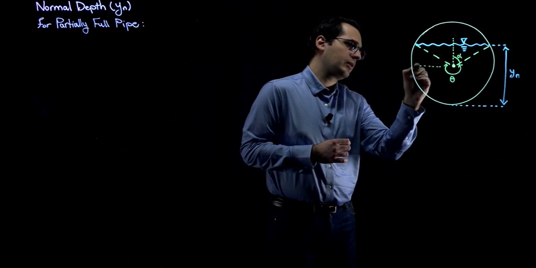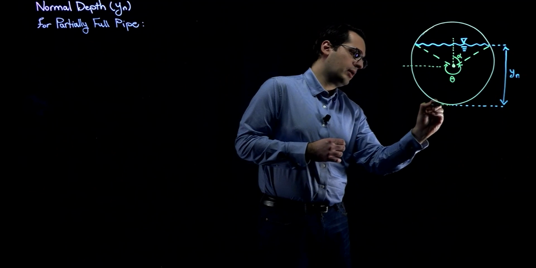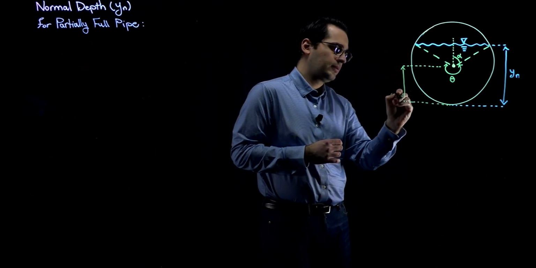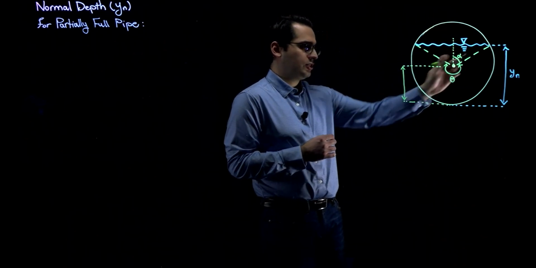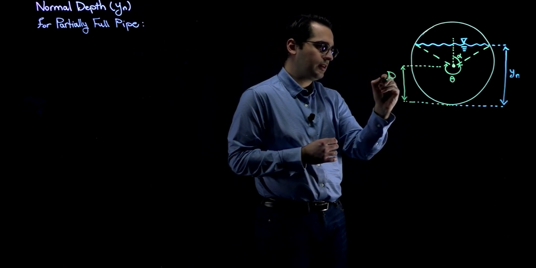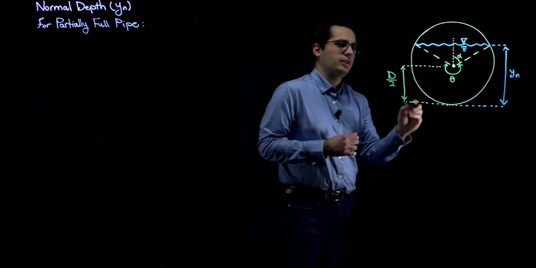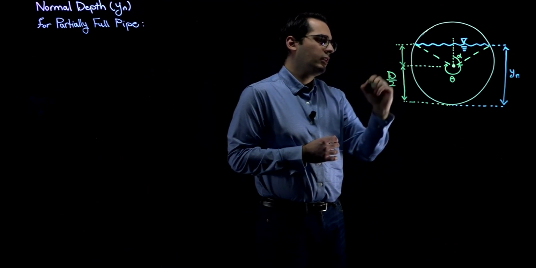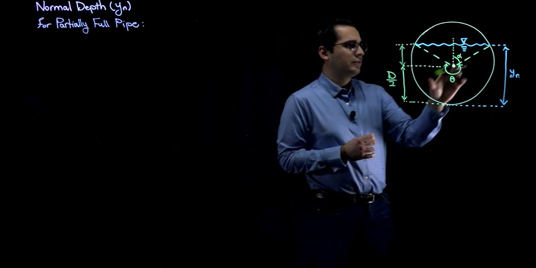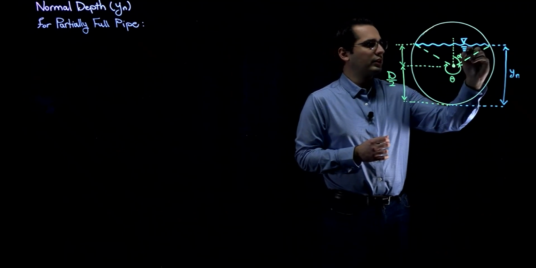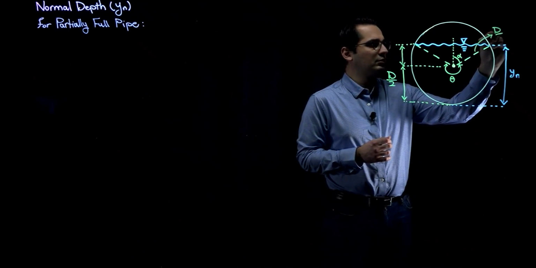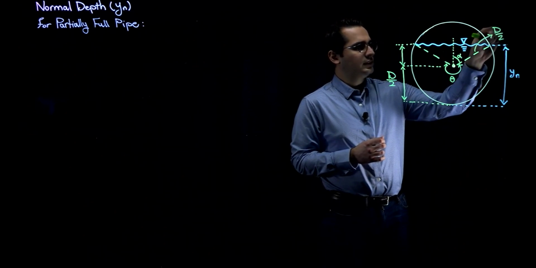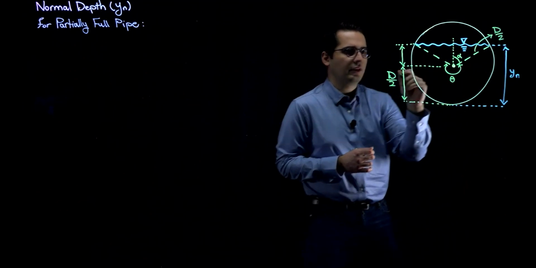So this length, for example, from the bottom of your pipe to the center of it, this is the radius of the circle, right? Or diameter divided by 2. The other thing that I want to define is this length. If this length is diameter divided by 2, or radius, then this length would be d divided by 2 times cosine of alpha.